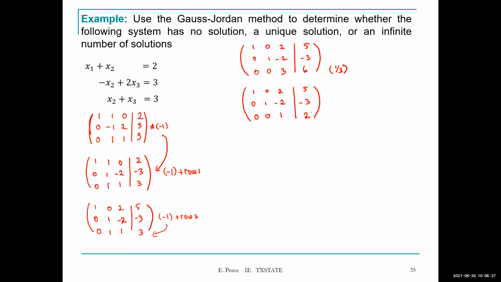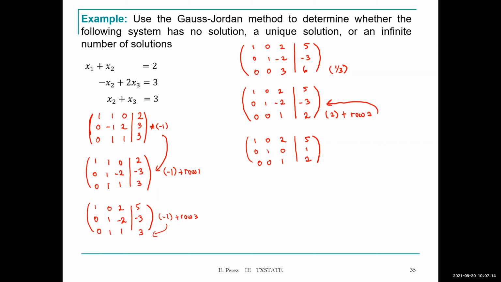So we start with the second row. So I'm going to multiply this times 2. I'm going to add that to row 2. So the first row stays the same. And then we get 0, 1, 0, 1, and 0, 0, 1, 2.